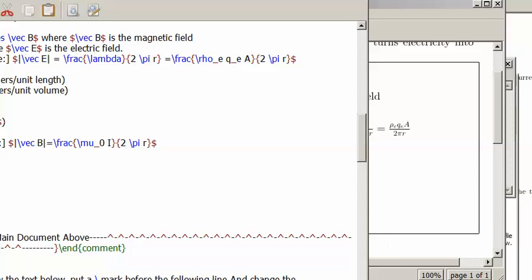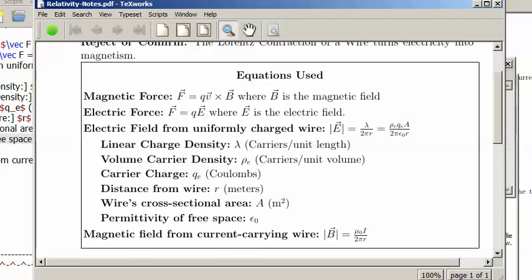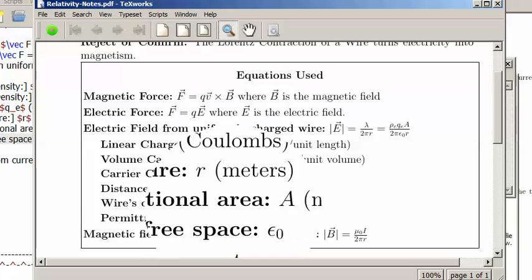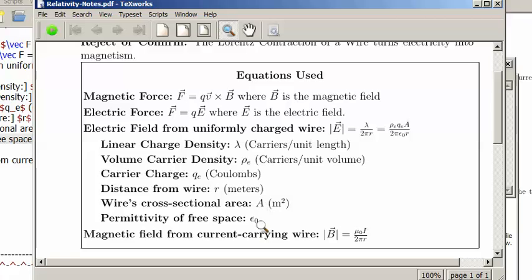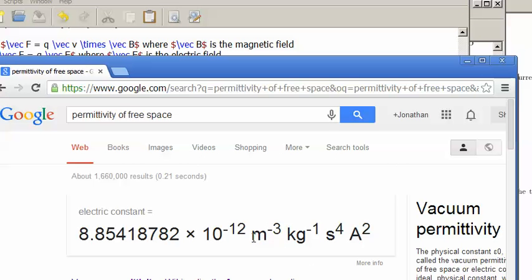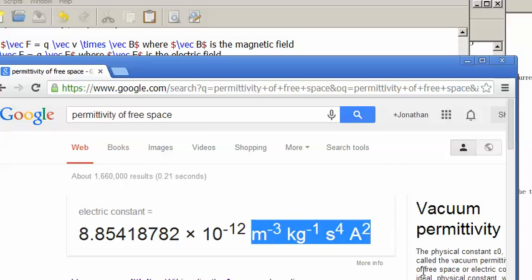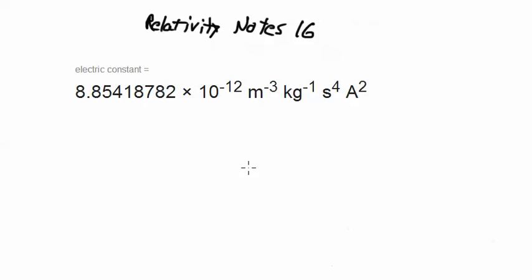We have the permittivity of free space, epsilon naught. Google gives these awful units. That is meters cubed on the bottom, kilograms on the bottom, seconds to the fourth on the top, amps, which is coulombs per second, coulomb squared, second squared.